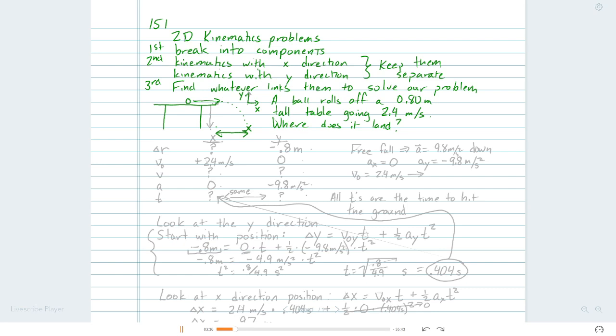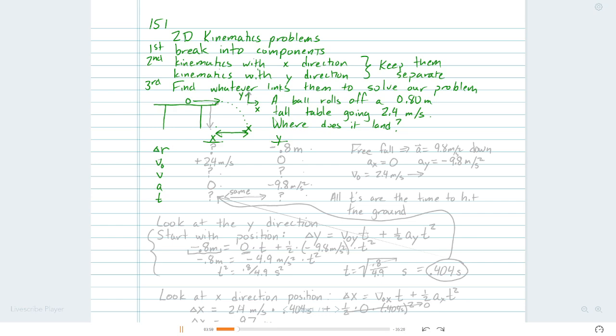And as I do this, I'm going to have to put everything into components. So I think I'll make my list this time. Delta R, V naught, V, A, and T. And I'll put the x component here and the y component here.